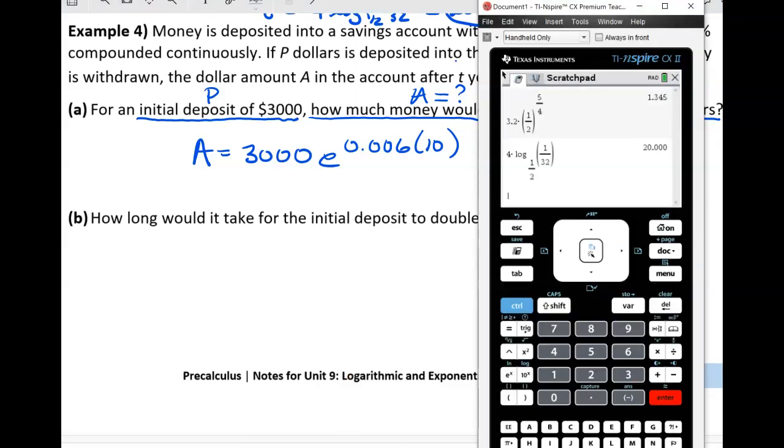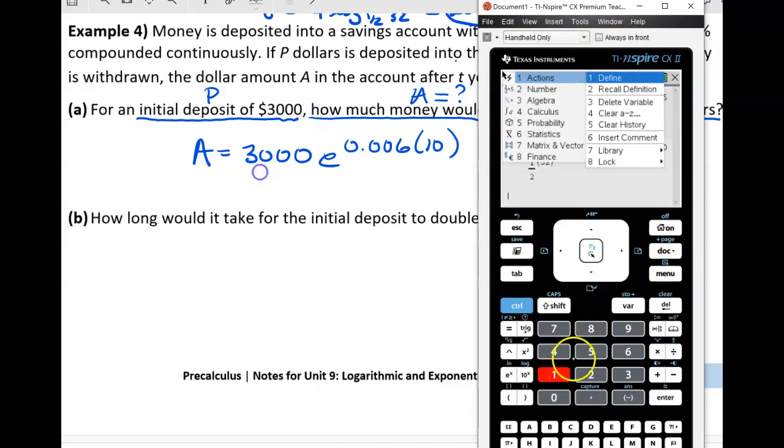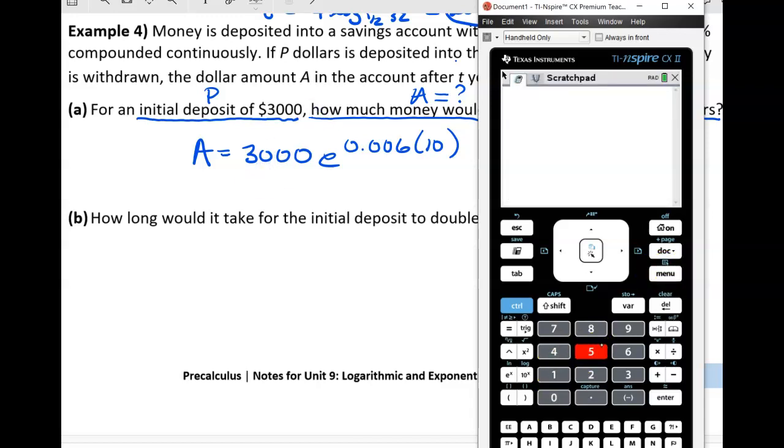If you don't like the messy calculator screen, you can use menu 1-5 to clear it, and then just enter in 3,000. And then we're going to enter in E raised to the. Now remember not to use the alpha E, just use the E to the X button, and you'll see that E is bolded.